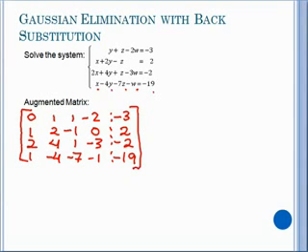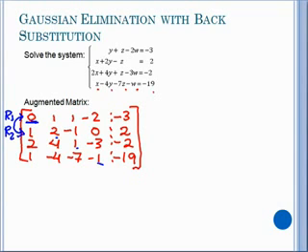And what I want to do now is perform some row operations so that I can get that diagonal of ones. As you can see, we already have a little bit of a problem because right here our first entry is a 0, but we need that to be a 1. So what we're going to do is take our row 2, with the 1, and swap it with our row 1.